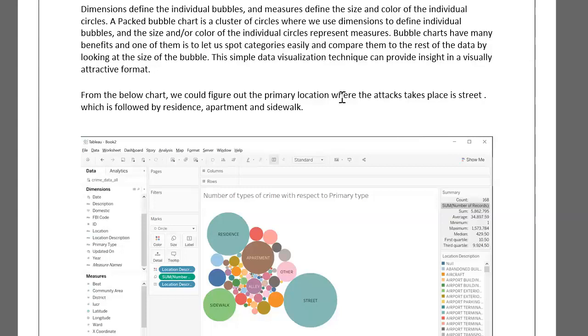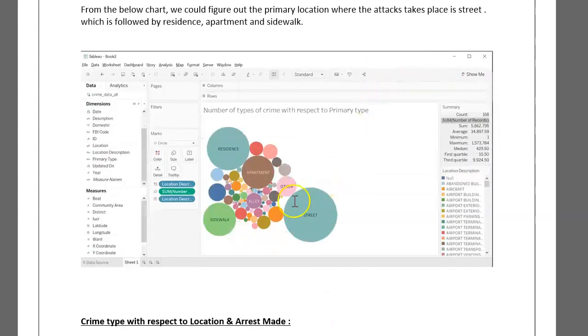On checking the overall picture, we can find out the crimes committed on the street are more, next would be the residence, followed by apartment and sidewalk. More focus needs to be provided if analyzed based on location: street violence is more, and street theft is more when compared to residence, apartment and sidewalk.